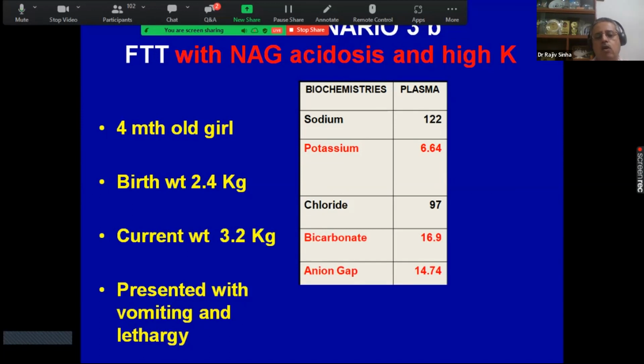And one thing I'm sure you have all noticed is the low sodium. So in contrast to the previous children, both of the last two have a low sodium, high potassium, and a normal anion gap metabolic acidosis.